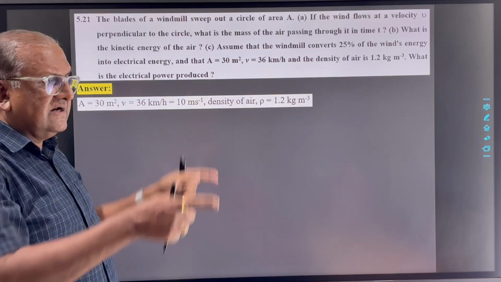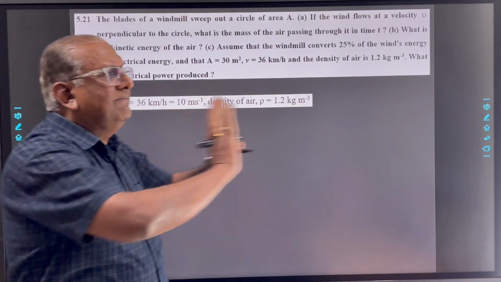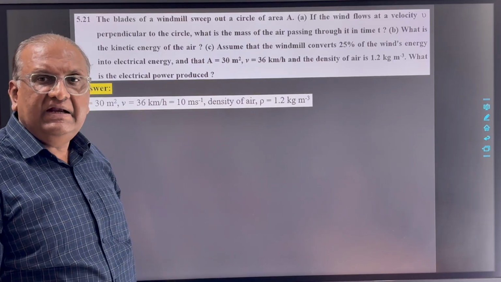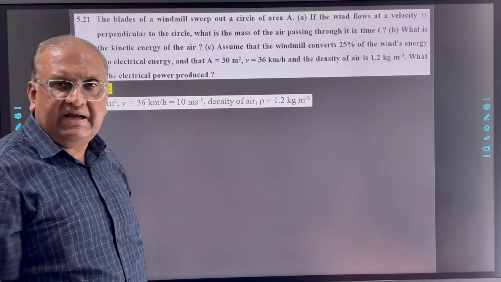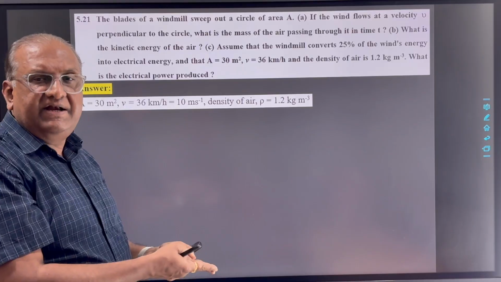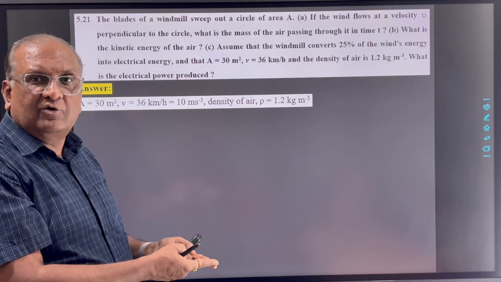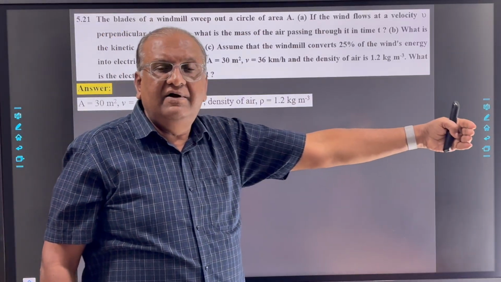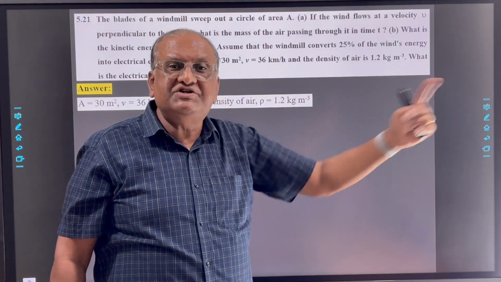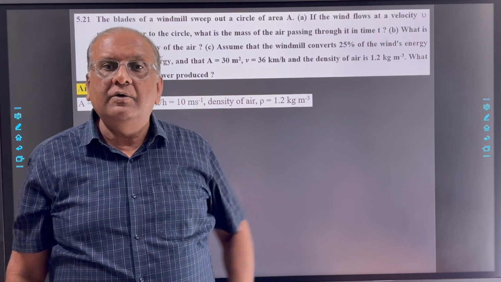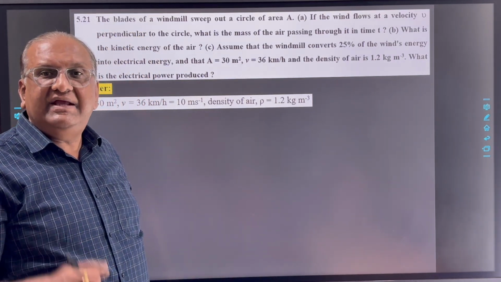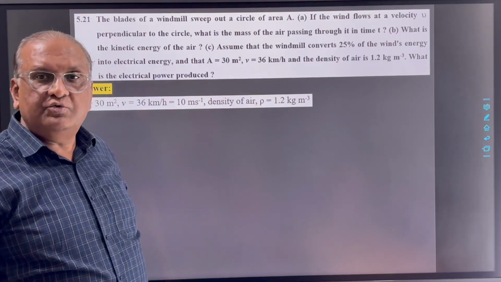So from the circle, whatever the amount of wind passes, right, that will be accommodated in a cylinder having cross-sectional area equal to A and length which is equal to the distance covered by the wind or air. Distance covered in time t, that is v into t.